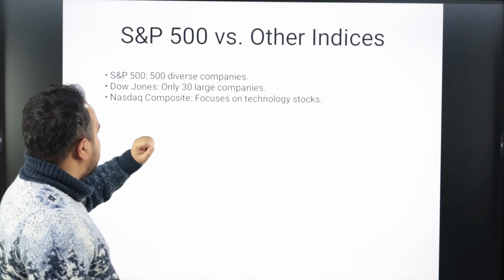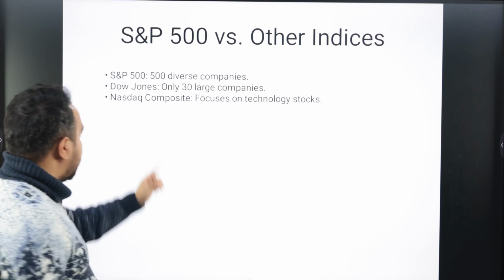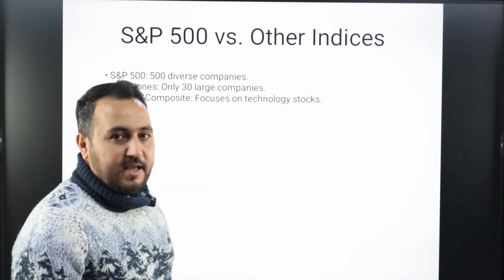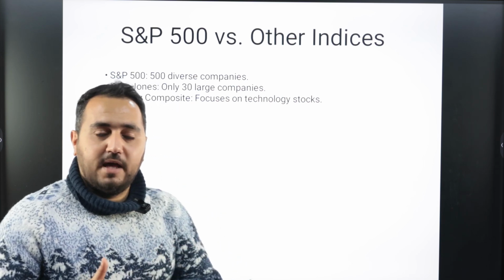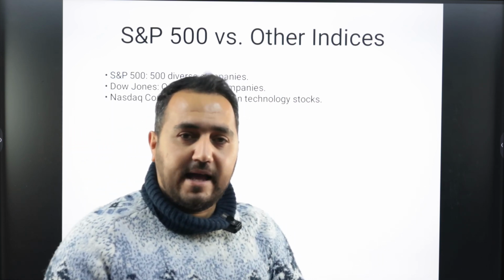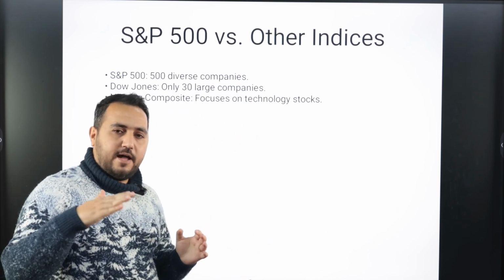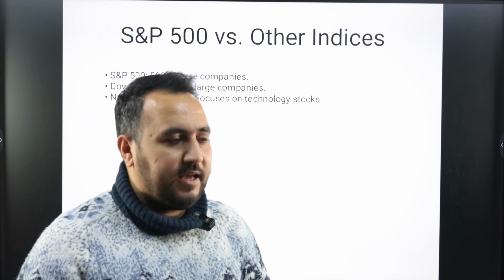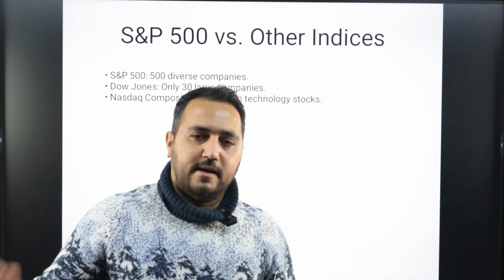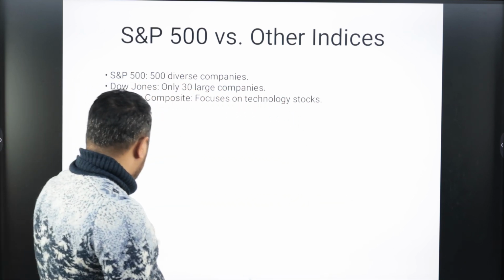Nasdaq Composite focuses only on technology stocks, but S&P 500 includes technology, industry, health, oil and energy. So here is a big difference, and this makes your risk lower. For example, companies like ExxonMobil, who are investing in Iraq oil, are also part of the S&P 500.